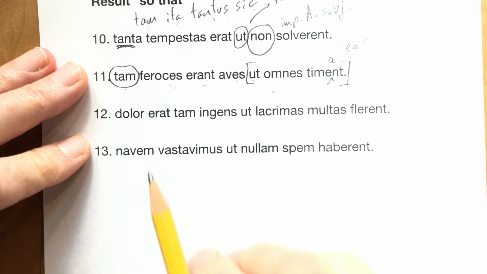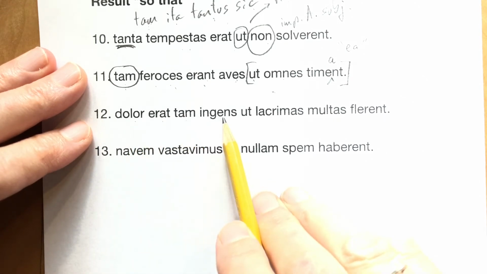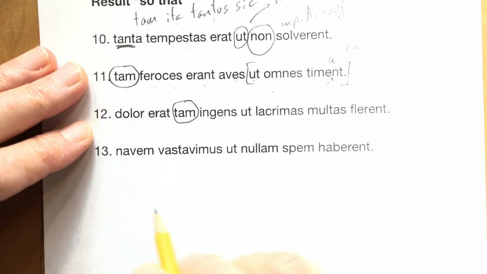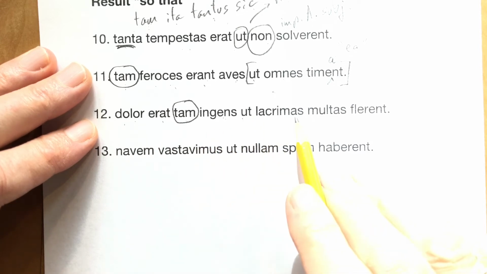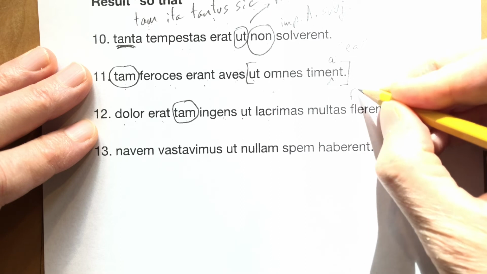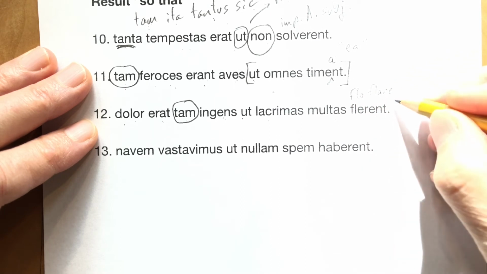All right, let's try number 12. Dolor erat tam ingens. There it is, tam. The sorrow was so great, ut lacrimas multas flerent, that they cried many tears. This comes from fleo, flere, which means to weep or cry.